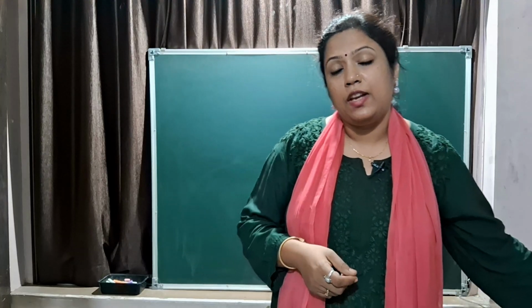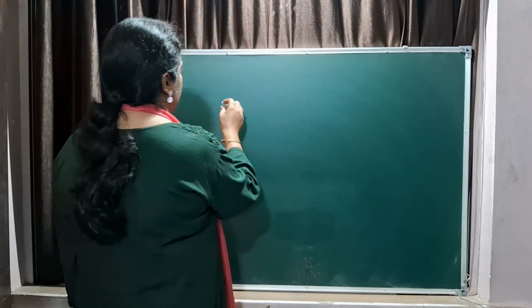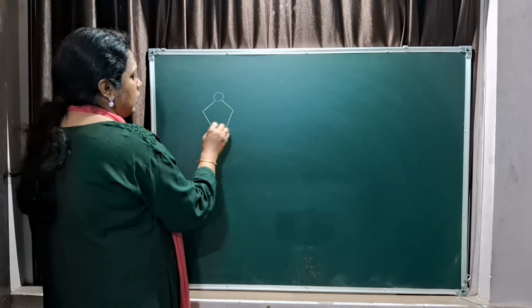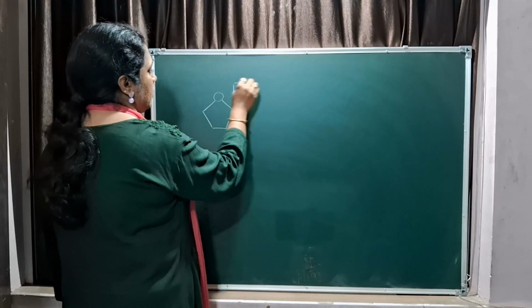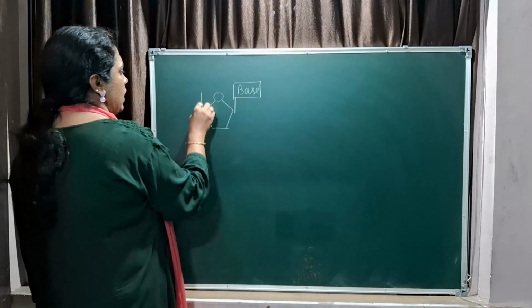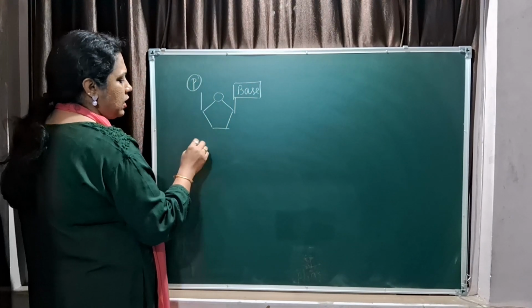So let us have a very quick revision so that you understand what we have done earlier. In this chapter, we have already studied about the nucleotide. Remember, this is your nucleotide and you have the phosphate, and this is the deoxyribose.